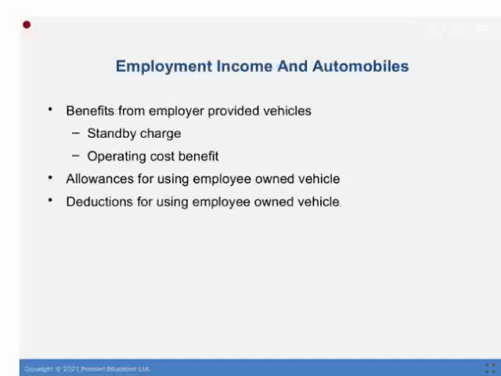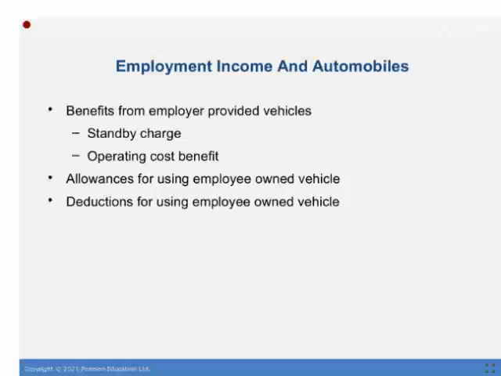Let's get into what we want to cover. One of the spots in Chapter 3 where you can expect some questions where you have to crunch some numbers is under automobile. It's very common for an employer to provide an automobile, or for, say, a small business person who owns their own closely held corporation to have that corporation own the vehicle that they drive.